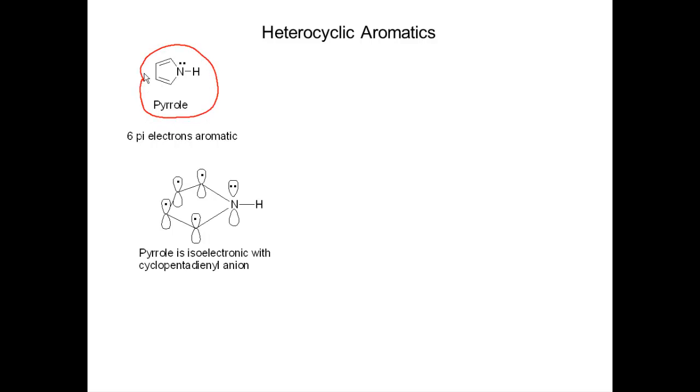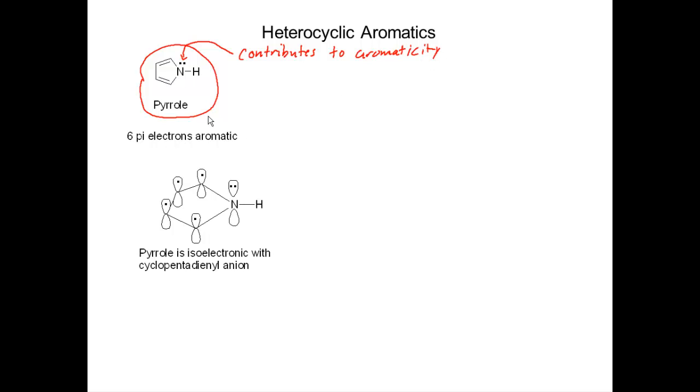Okay, pyrrole is a 5-membered ring with a nitrogen and 2 double bonds. This nitrogen here contributes to aromaticity. And you see that with the structure immediately below it.